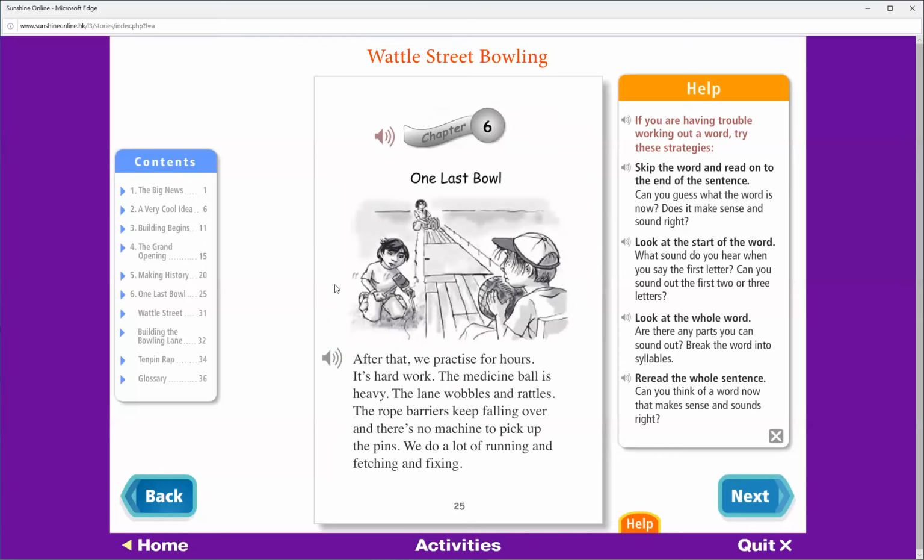Chapter 6. One last bowl. After that, we practice for hours. It's hard work. The medicine ball is heavy. The lane wobbles and rattles. The rope barriers keep falling over. And there's no machine to pick up the pins. We do a lot of running and fetching and fixing.